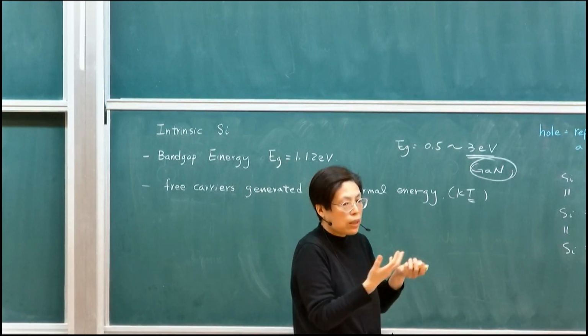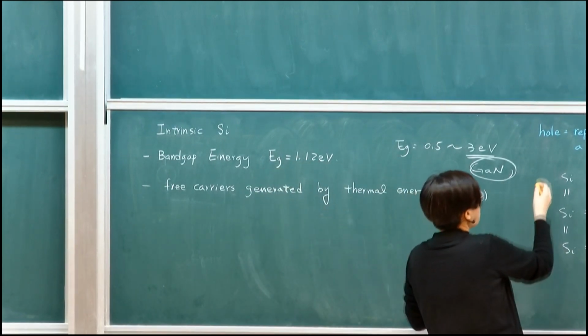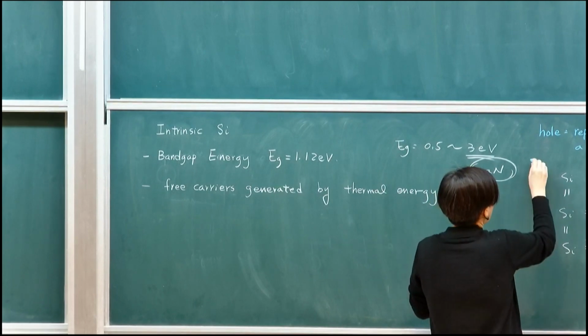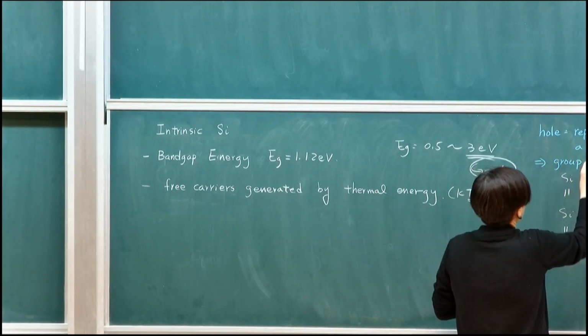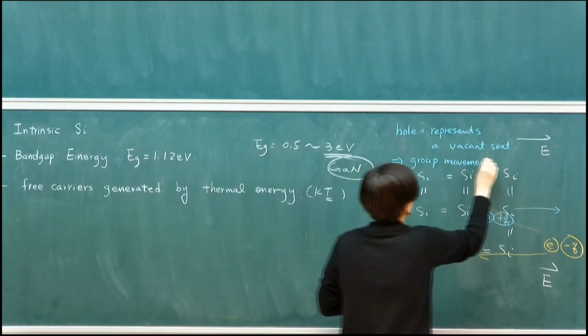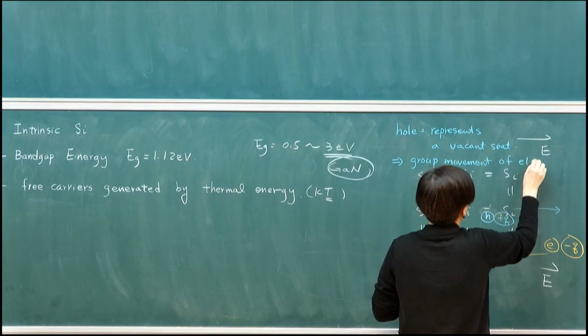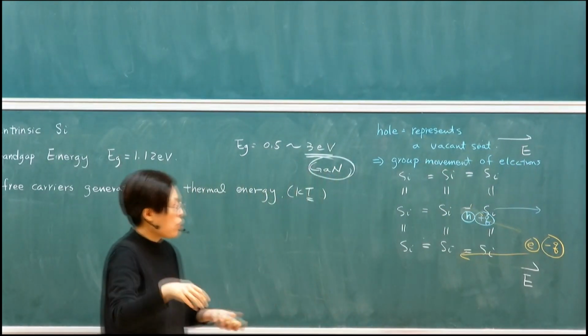So a hole represents a vacant seat, and the movement of the hole is done by a group movement of electrons. It's sort of like a sequential thing.